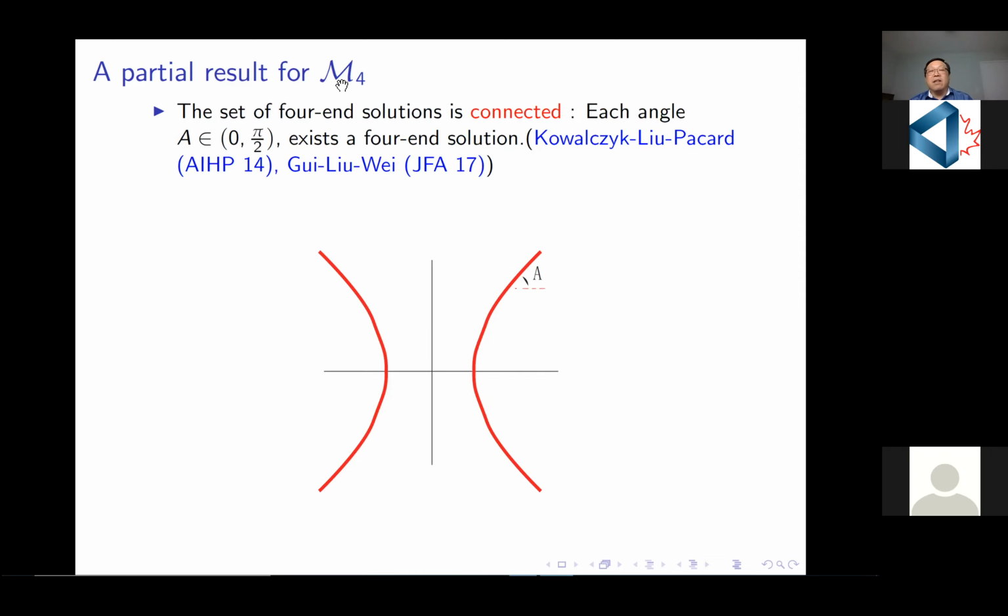So you can have a connected family of solutions which go from the Toda solution to the Toda solution. This was first proved by Kowalczyk, Liu, and Pacard in 2014, and Gui, Liu, and myself in 2017. We used the mountain pass characterization to construct such solutions.